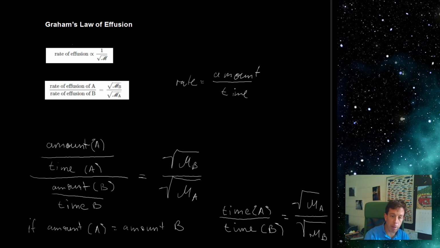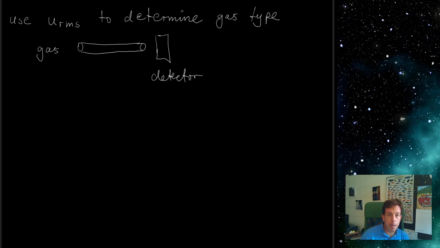So for example, we can cancel this out, and if the amount of A is equal to the amount of B, then all we need to worry about is the time that these two need to effuse. The way we can set this up is via a device like this, where we have an open tube where we can inject some kind of gas into that tube and have a detector on the other end.